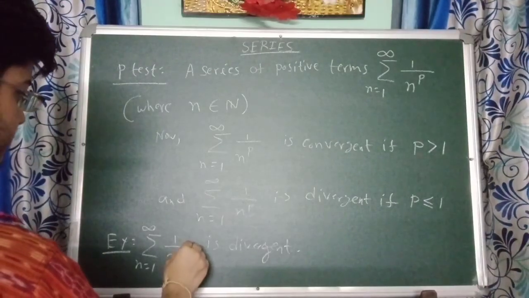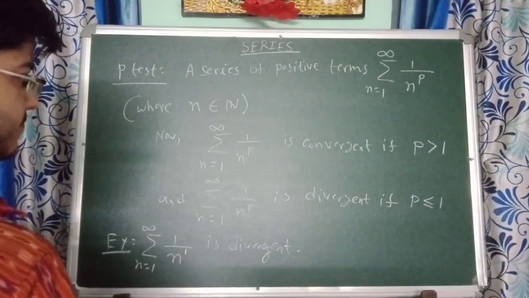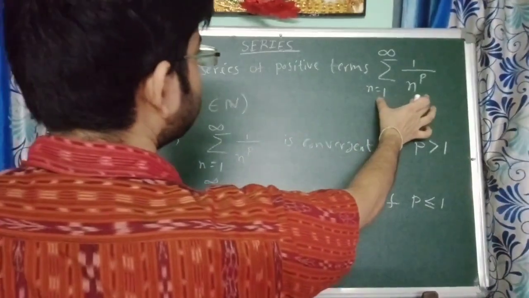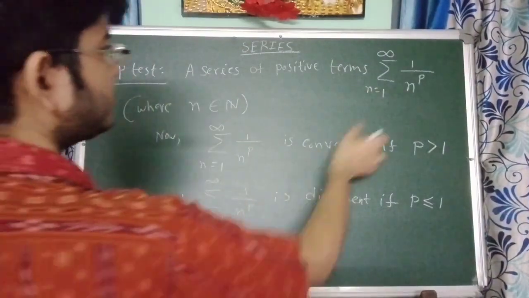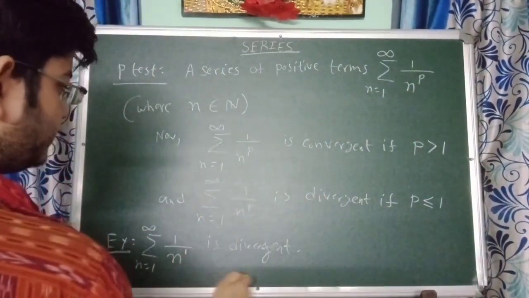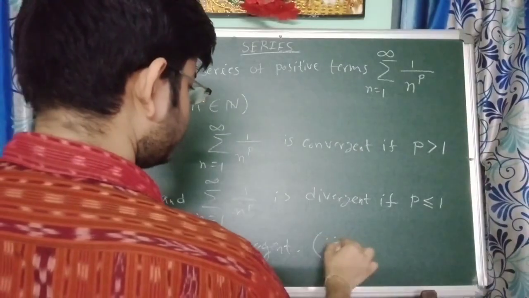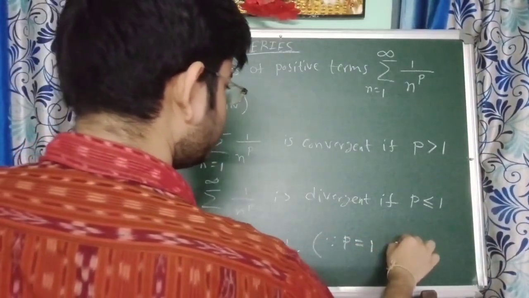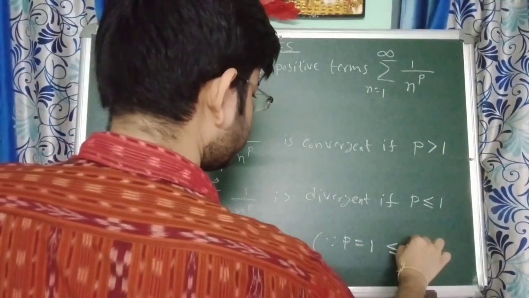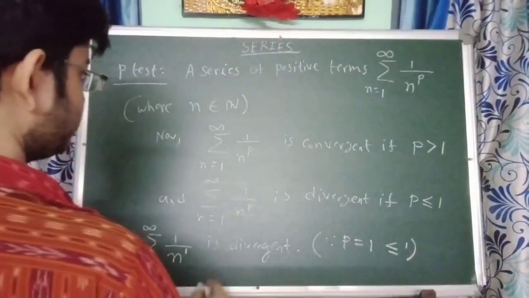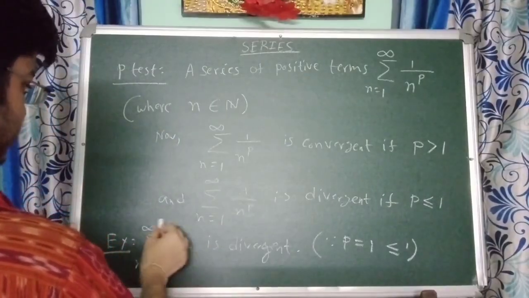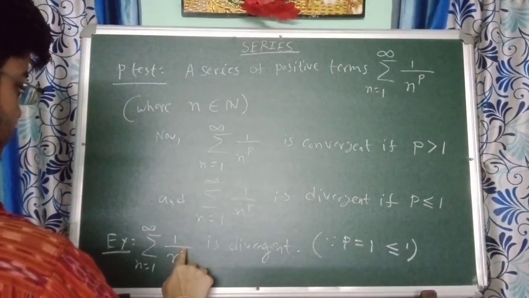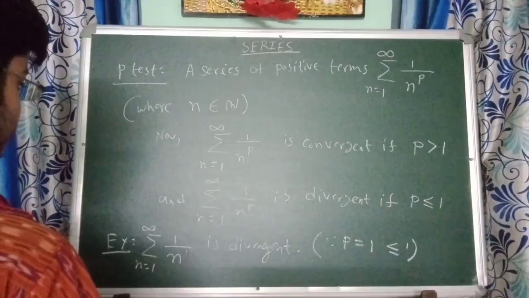Now if we write n to the power 1 and compare the original form with this, in this case the p value is 1, which is also less than or equal to 1. So by the statement we say that the original series 1 by n is divergent.